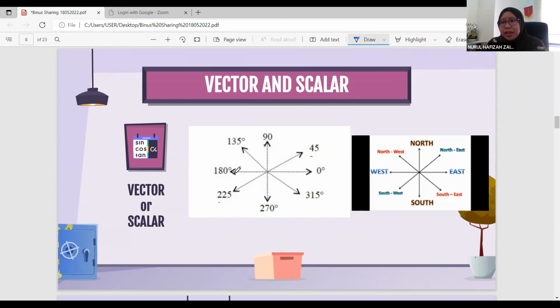That's why I say that people do apply it, but they didn't notice that they applied the direction of a vector. A vector has a magnitude and also a direction, but direction doesn't mean it will always be in angle.